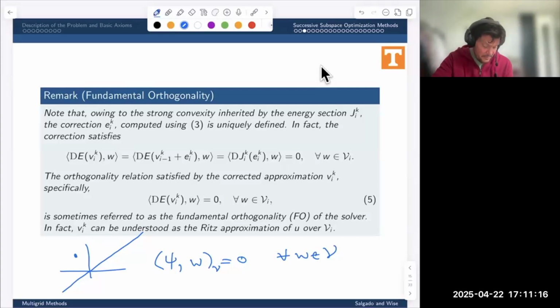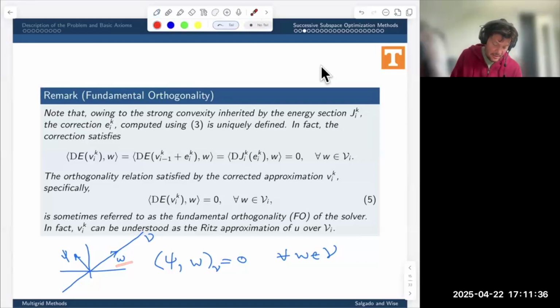So in Euclidean space, there's my psi, and there's my subspace. It doesn't matter where I take W in the subspace.